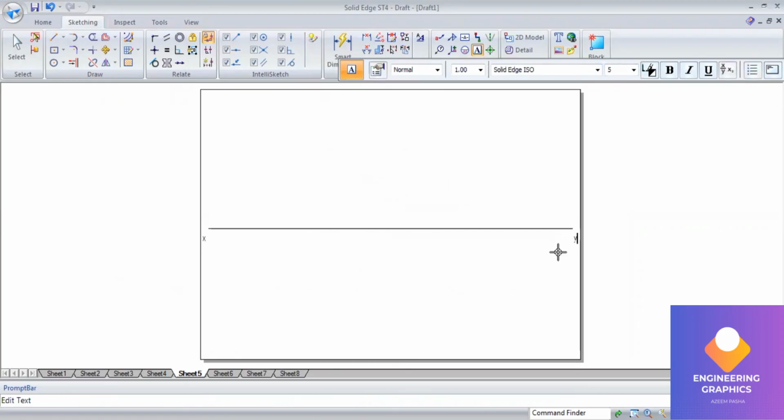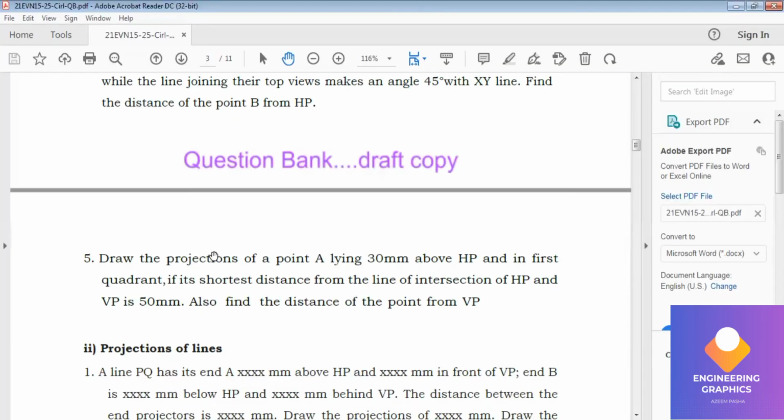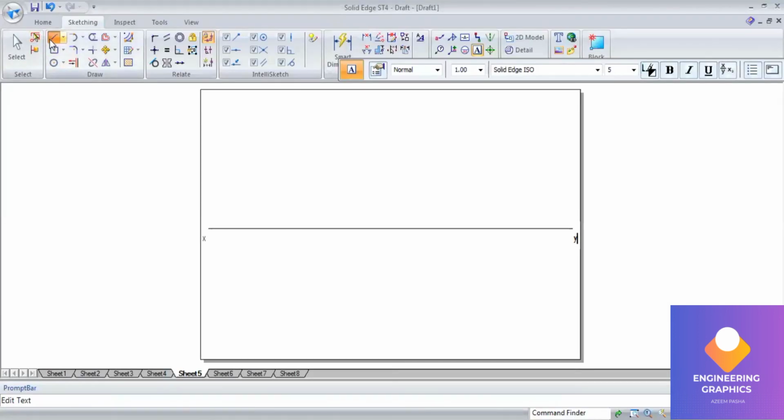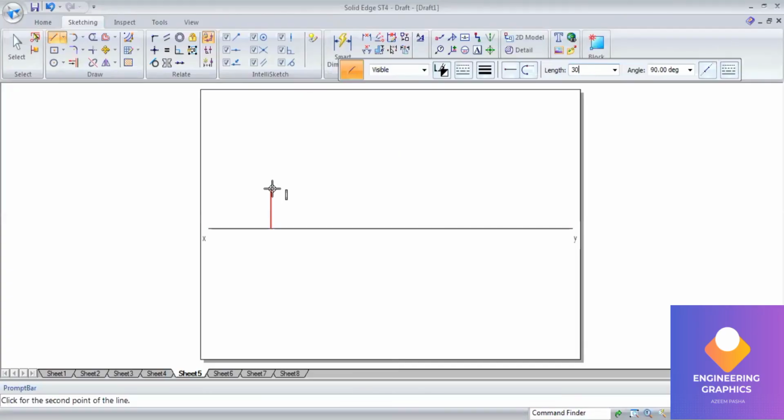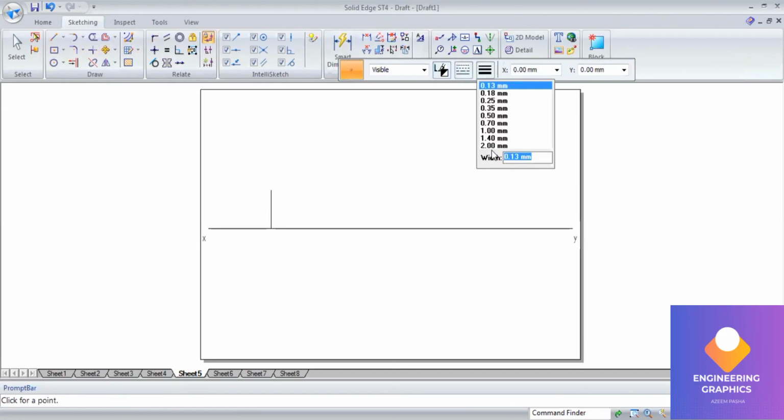So mention XY, and here point A is lying 30 mm above HP. Above HP means it is front view. So front view will be lying above the XY line in the first quadrant. Okay, so take 30 mm and put a point, and this is your front view.